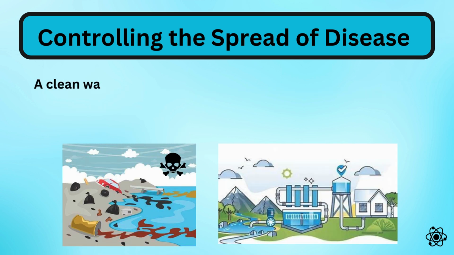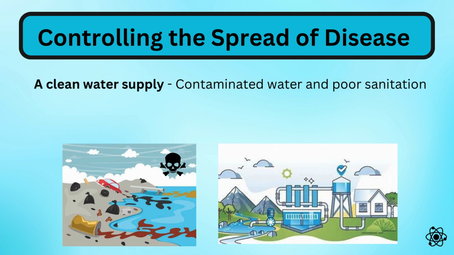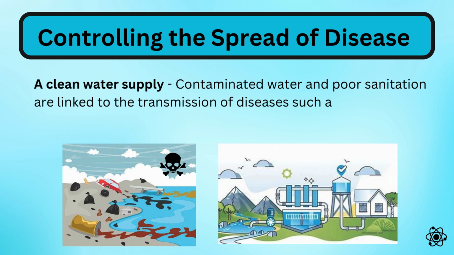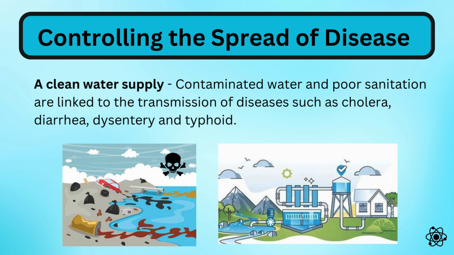So, a clean water supply would control the spread of disease because contaminated water and poor sanitation are linked to the transmission of diseases such as cholera, diarrhea, dysentery, and typhoid. So, having clean water means being able to avoid exposure to countless diseases.